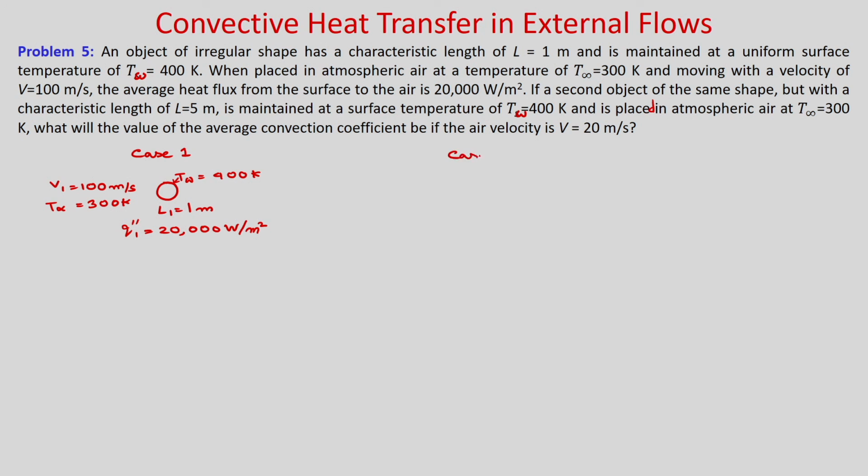Now, if you consider case 2, you have a second object of the same shape. So, it is of the same shape, but the characteristic length is different. In this case your characteristic length is 5 meter, wall temperature is 400 Kelvin, your velocity is 20 meter per second and T infinity is 300 Kelvin.